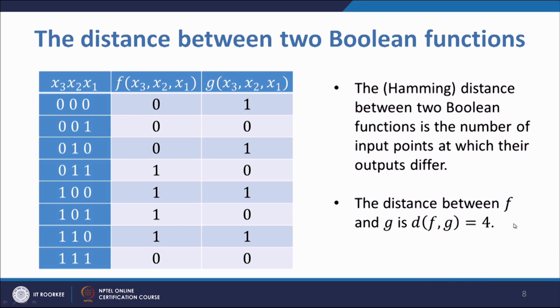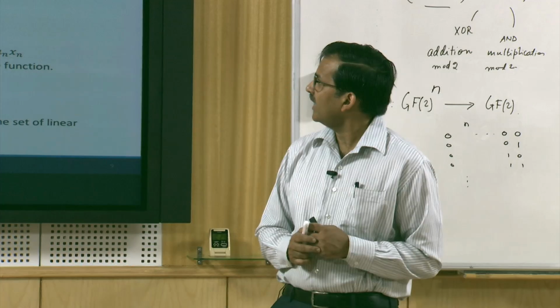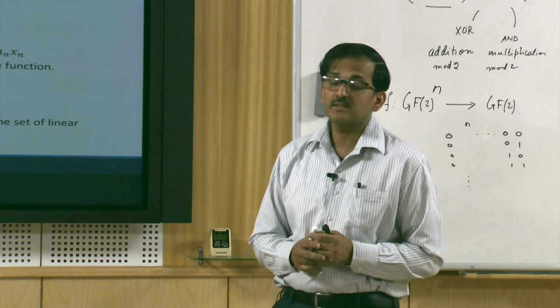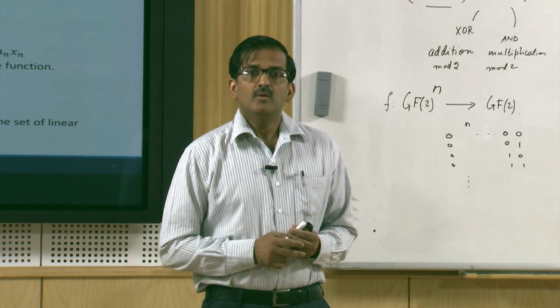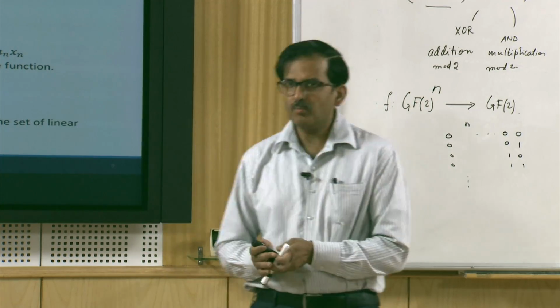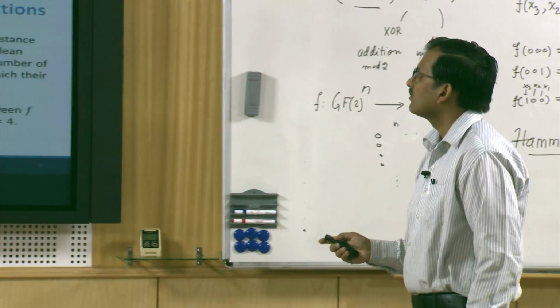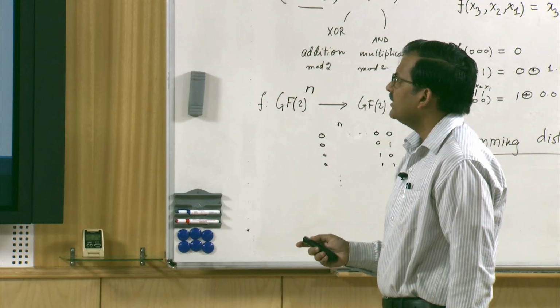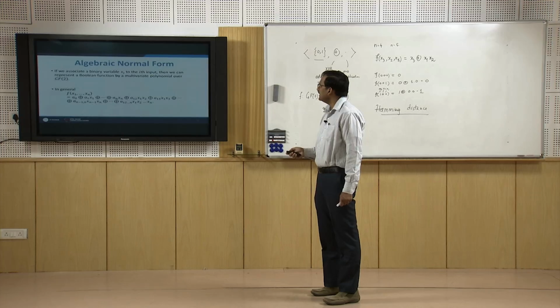So, next we have affine functions. Now, we have talked about algebraic normal form, and let us go back. If you look at algebraic normal form in general, you will see that there are many terms over here.